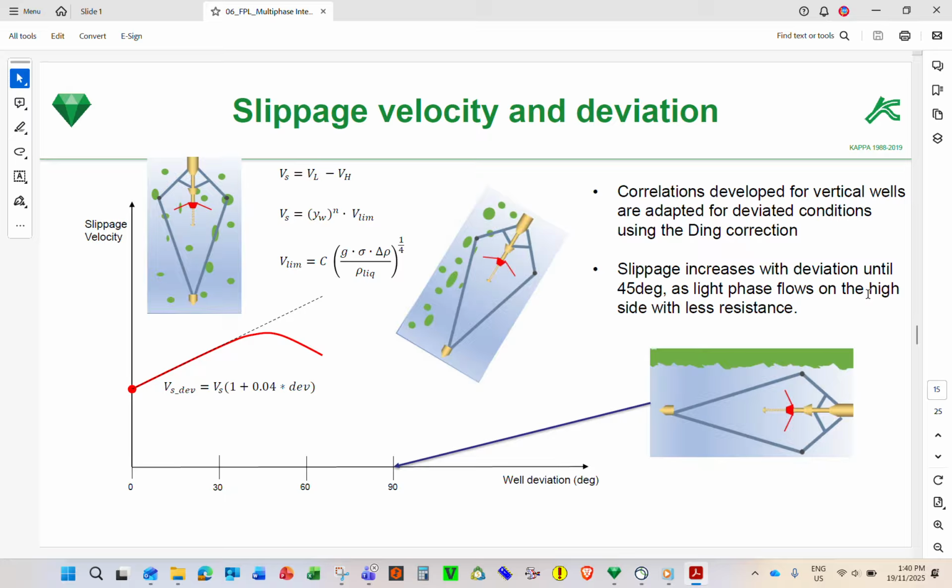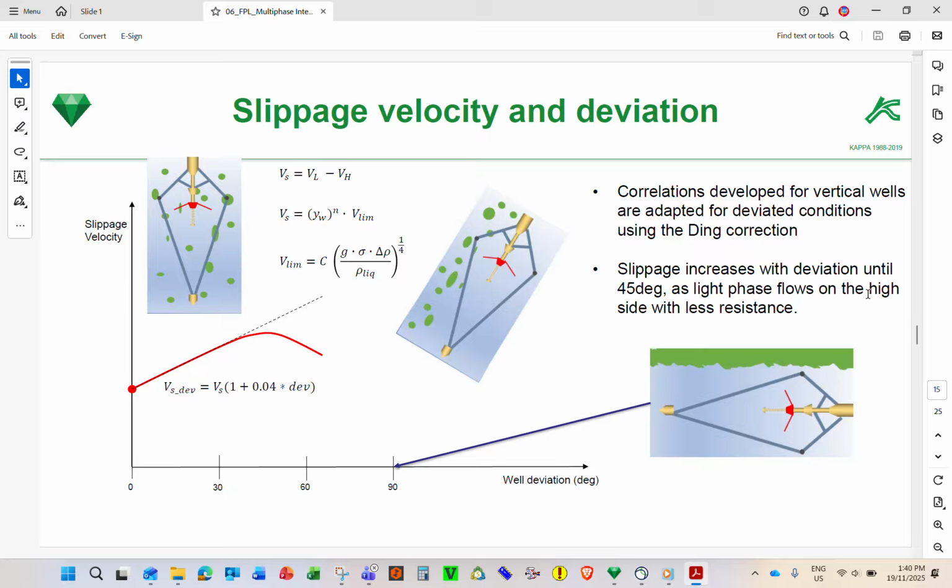So with this one, you have some equations to increase the velocity slippage up to 45, not percent, 45 degrees. You might see the higher the deviation, the higher the slippage. But after 45 to 60 it is decreasing. After 60 we are missing, we don't have any calculation. And at 90 degrees it's zero. So we are missing between 60 and 90.